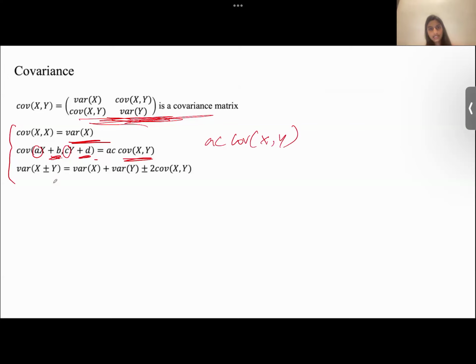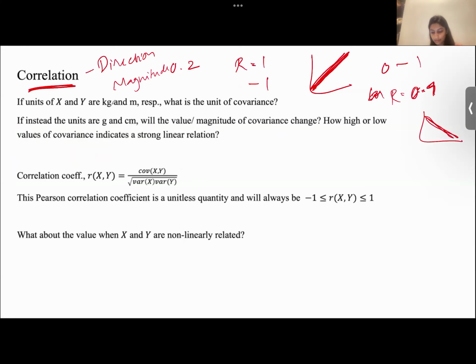We'll just see one example to make this simpler. If you just look at these formulas, it will be a bit confusing. Your correlation coefficient is basically given by this formula: the covariance divided by the square root of variance of x times variance of y. So this gives you the correlation.